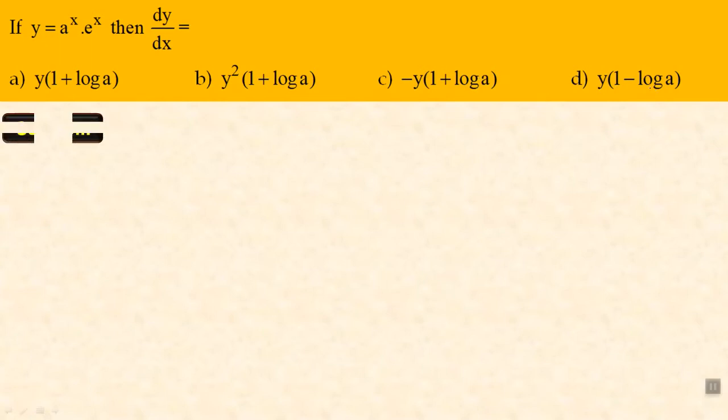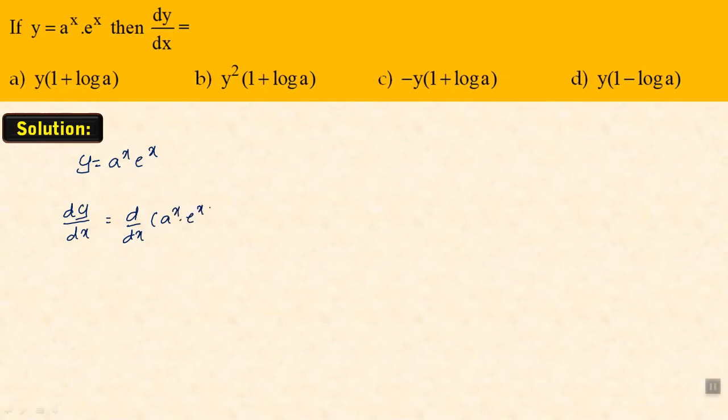Let us find this. Given y is equals to a power x into e power x, now differentiating with respect to x on both sides, we get dy by dx is equals to d by dx of a power x into e power x.